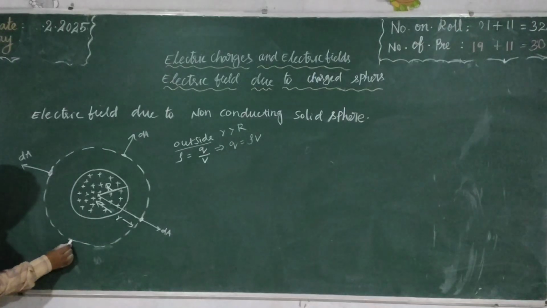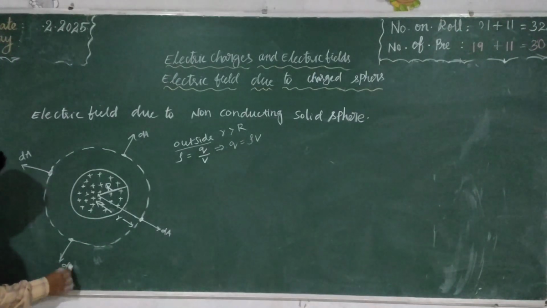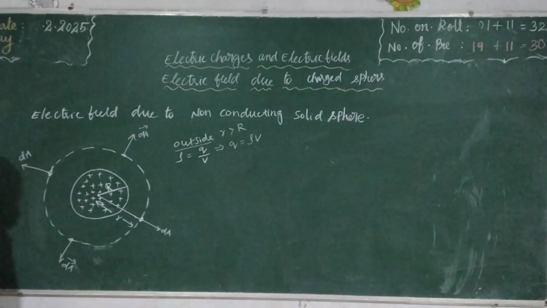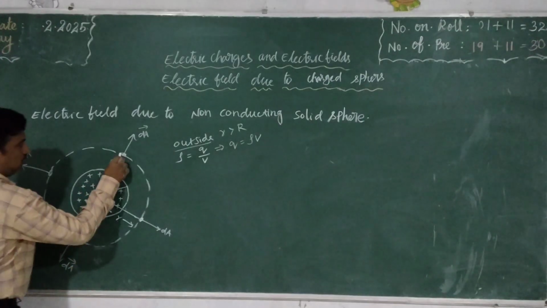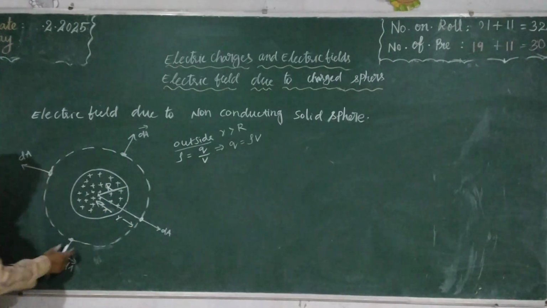At every point, the area vector is the outward normal.